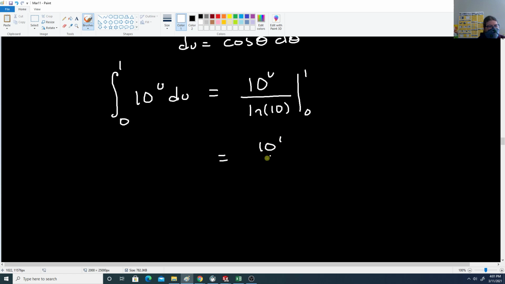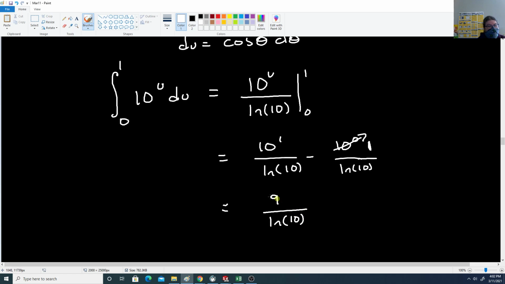So I get 10 to the first over natural log of 10 minus 10 to the 0 over natural log of 10. 10 to the 0 is 1, so this will be 10 over natural log of 10 minus 1 over natural log of 10, which gives me 9 over natural log of 10. And that will be our answer. So we'll stop there on the section and say that's good enough.